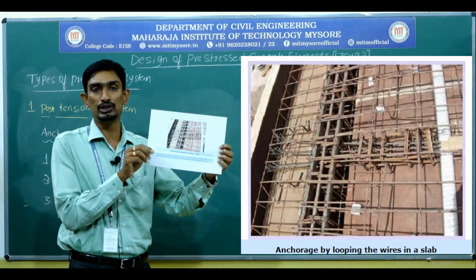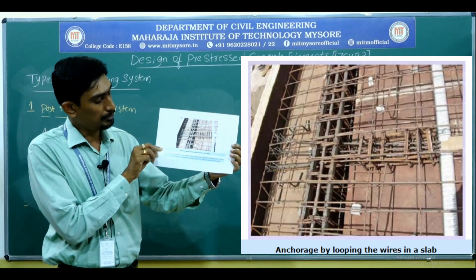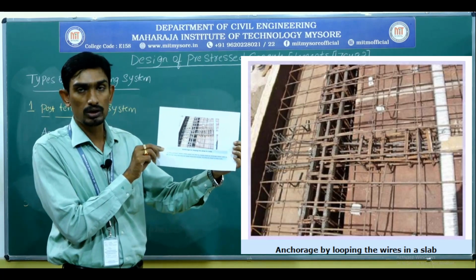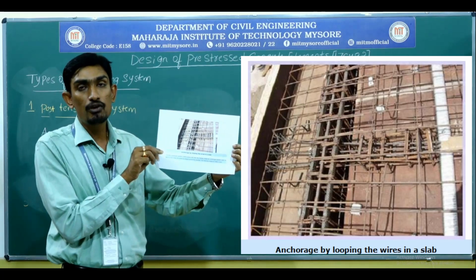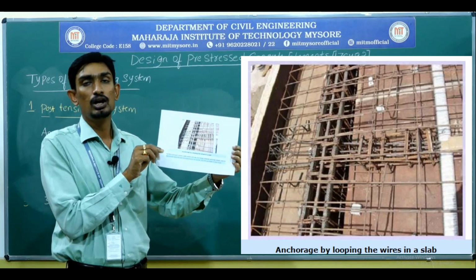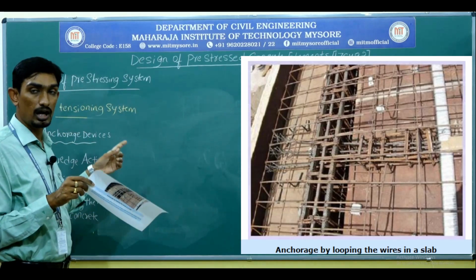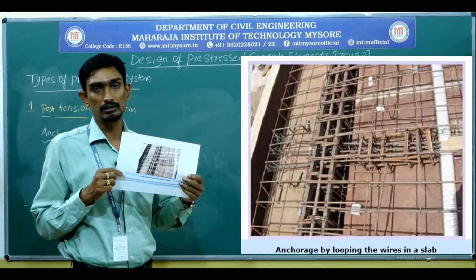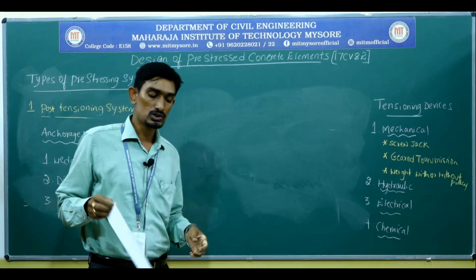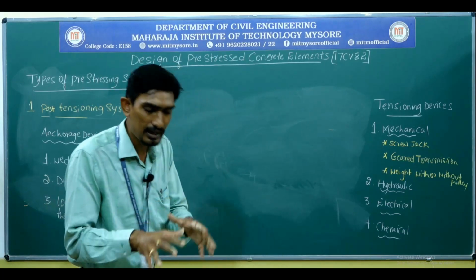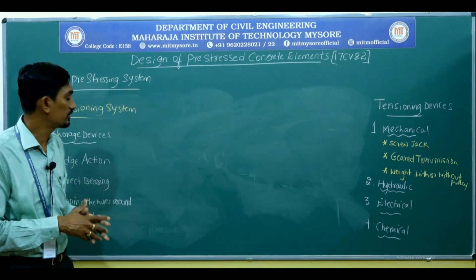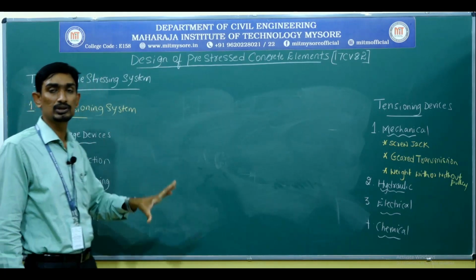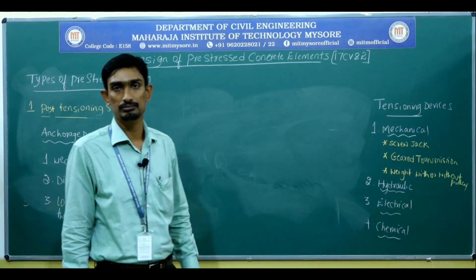This is one of the slabs that we showcased. In this particular slab, all the wires are connected to the reinforcement by forming a loop. That's what it's called, loop forming or looping the wires. That means winding all those wires around the concrete. So these are the anchorage systems which I am going to use in the four types of post-tensioning system.